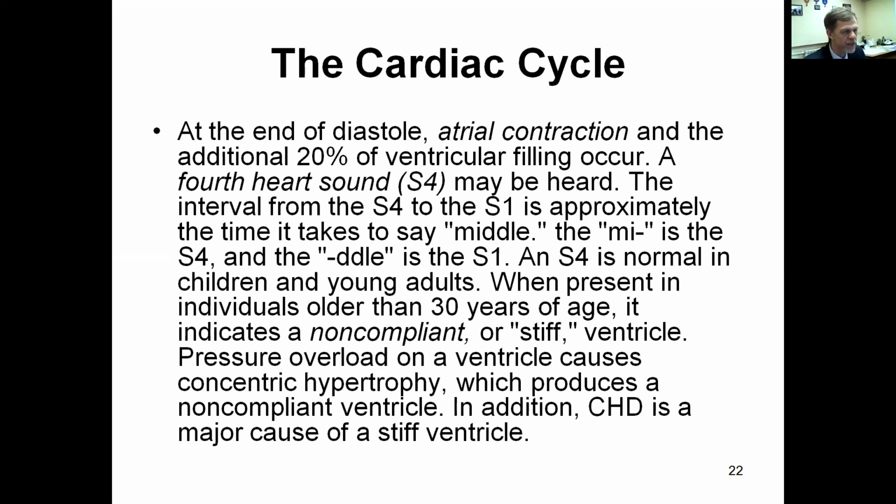Again, you can say, this is S4, this is S1. So it happens just before S1. Again, it is normal in children and young adults, but if it happens in individuals older than 30 years of age, this is a non-compliant, so-called stiff ventricle.